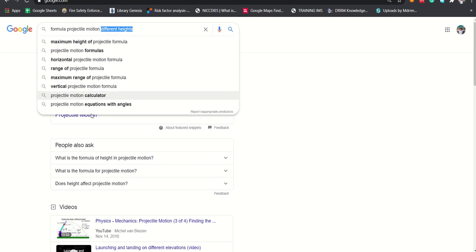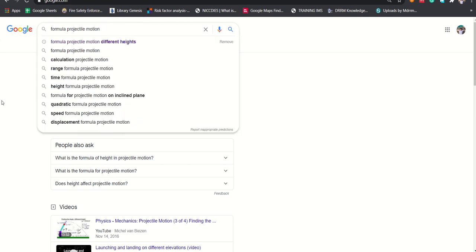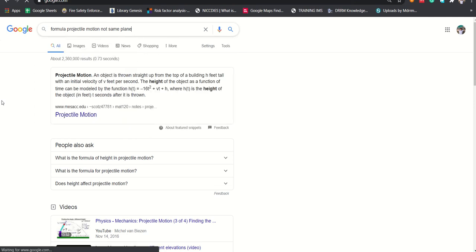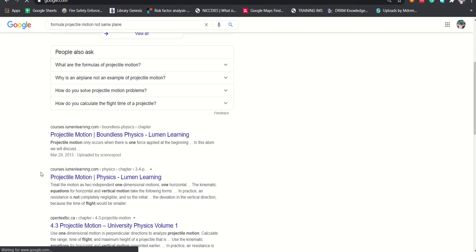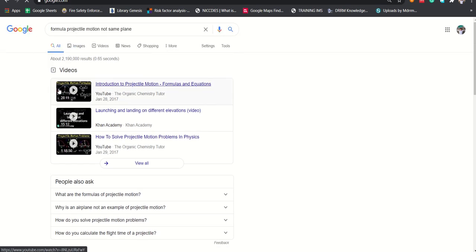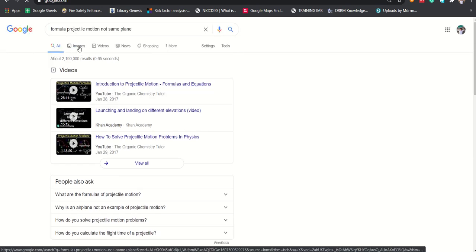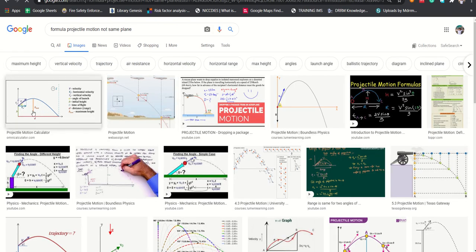Projectile motion, not same plane. Okay, ma'am. Lago na, ma'am Joyce. Bakit? So what if it's not in the same plane?